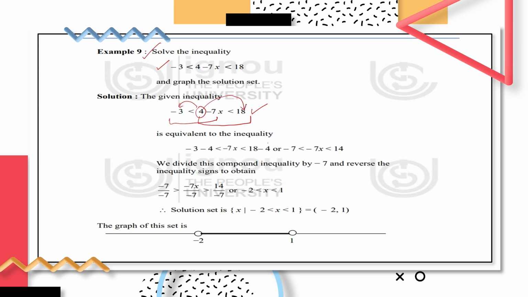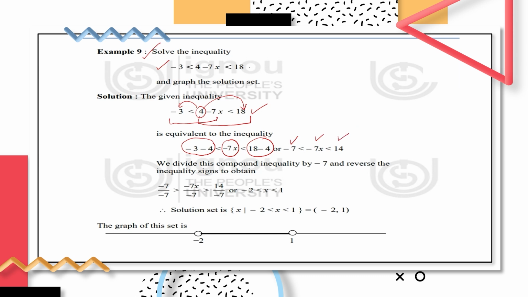So the revised version of the inequality will be minus 3 minus 4 less than minus 7x and 18 minus 4. Just by rearranging, minus 3 minus 4 gives minus 7 less than minus 7x and 18 minus 4 is 14.